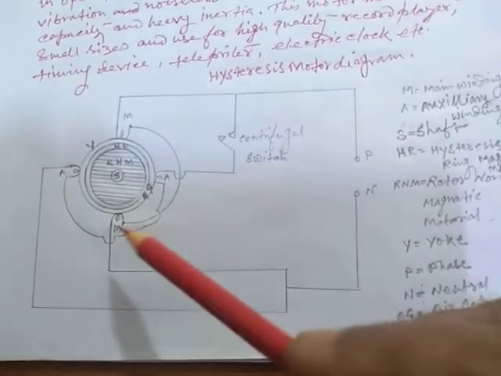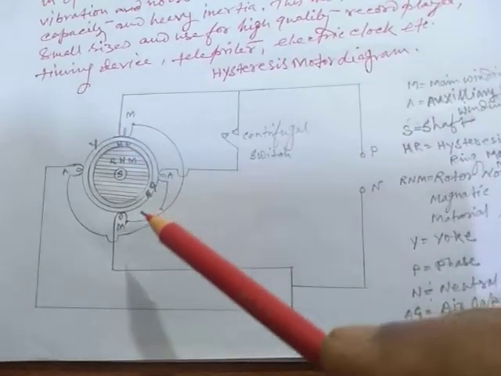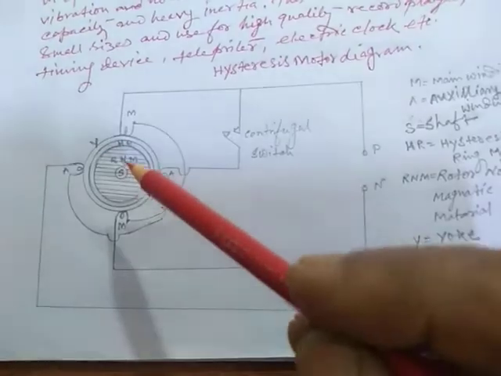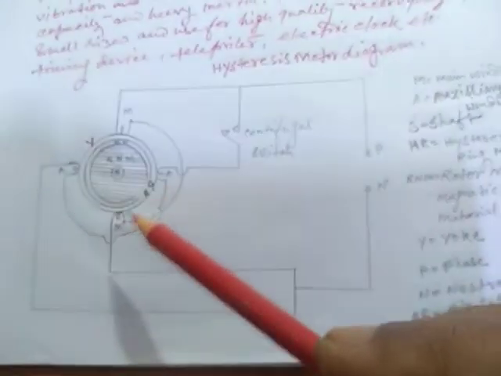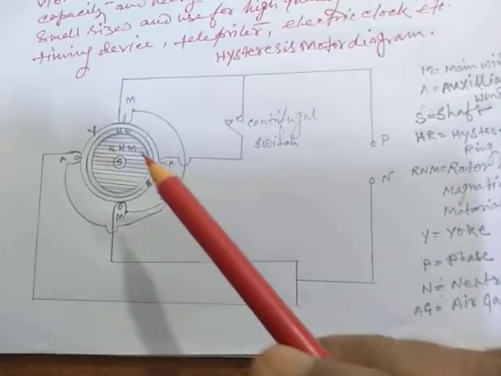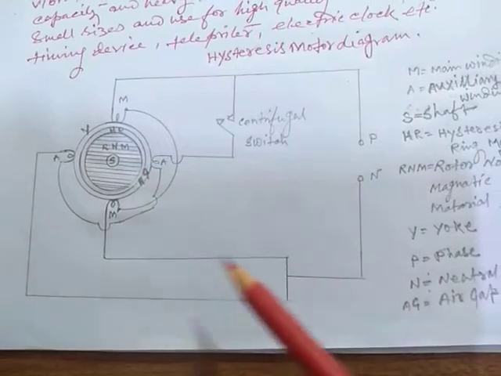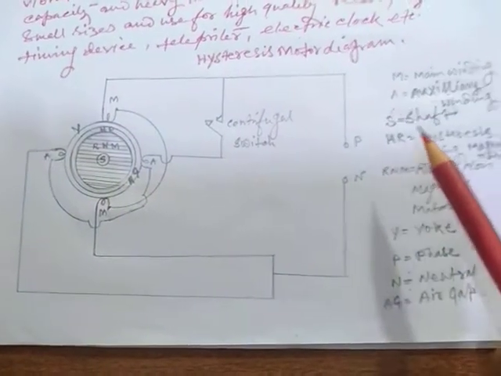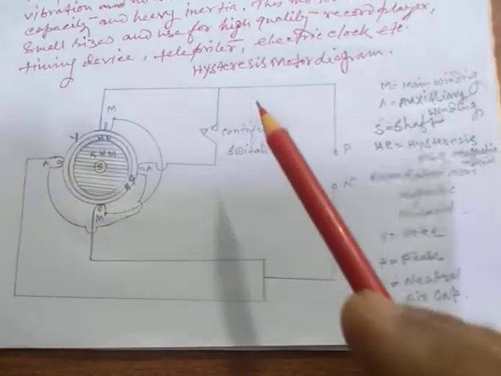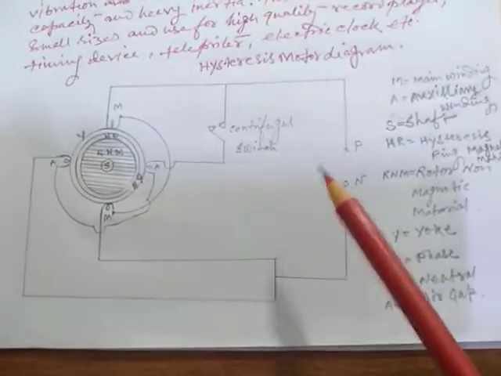The HR hysteresis ring is a magnetic material. This is in between the yoke and rotor. This is the air gap here, and the yoke. This is the total diagram, as shown here, of the hysteresis motors.